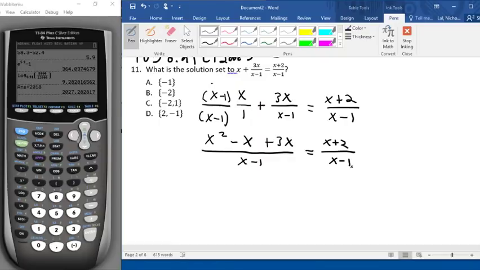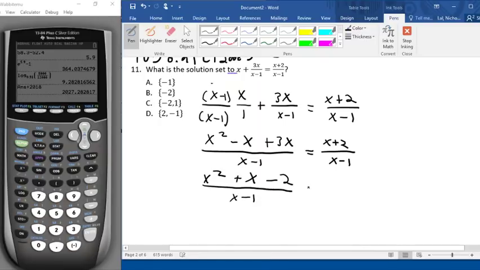And then we can combine like terms again, where we can subtract an x and subtract a 2. So you will get x squared plus 2x minus x, so x squared plus x minus 2 all over x minus 1 is equal to 0.